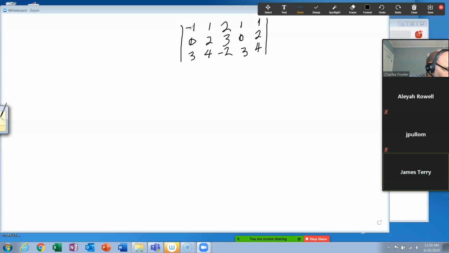If you look in the book, when you wipe out the first row and the third column, you get a minus 1, 1, 2, 0, 2, 3, and a 3, 4, negative 2. Yeah. So that was a minus, and that would make this one a minus. I didn't realize I lost the minus sign there. Let's do that again then. Okay. So coming to down diagonal here, what do you get?